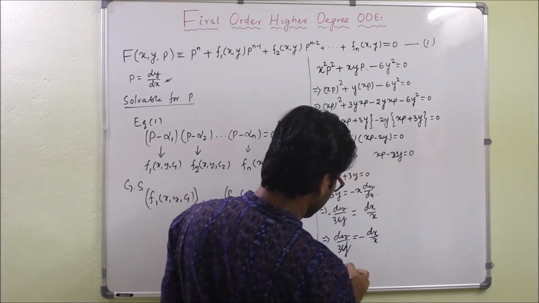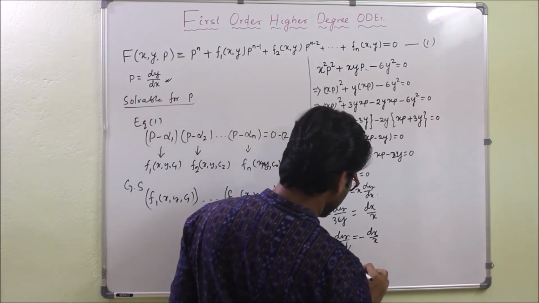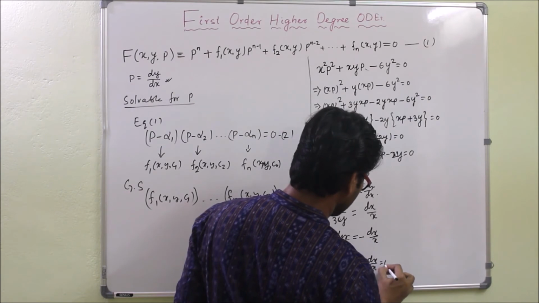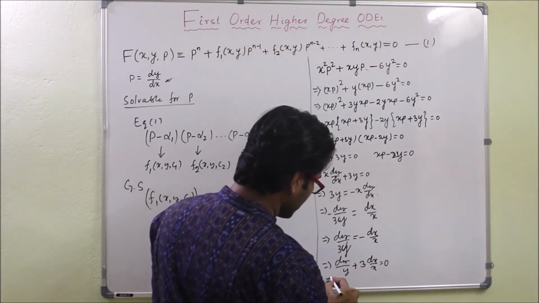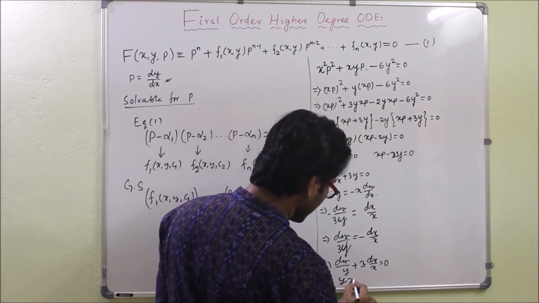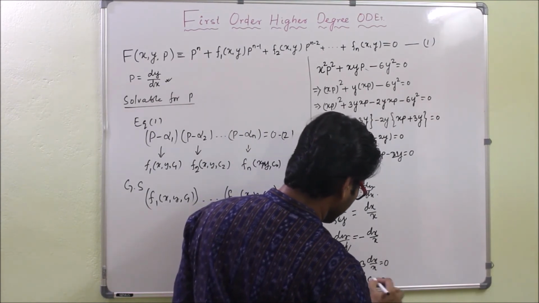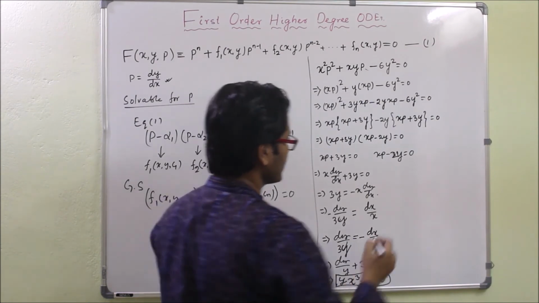Or I can write dy by y plus 3 dx by x equal to 0. So if we solve this problem, the general solution will be in this form: y x to the power 3 minus c1 equal to 0. So we got the first function.